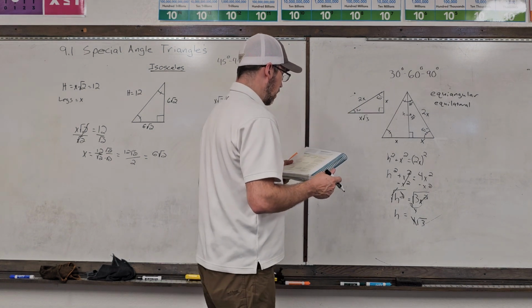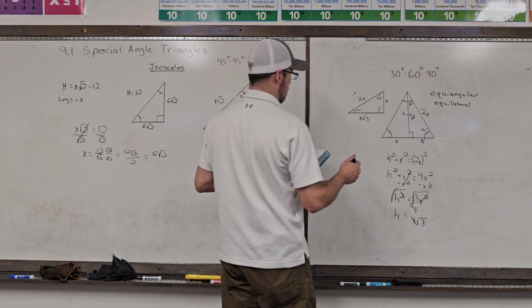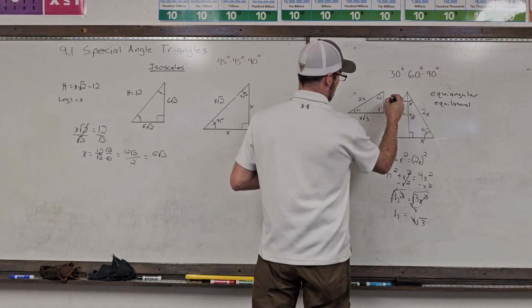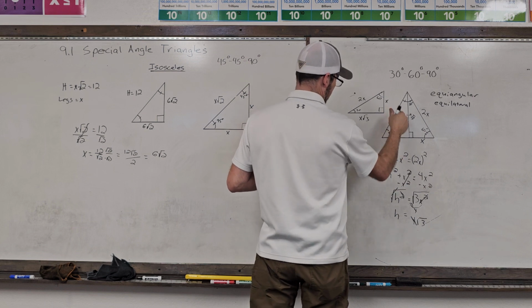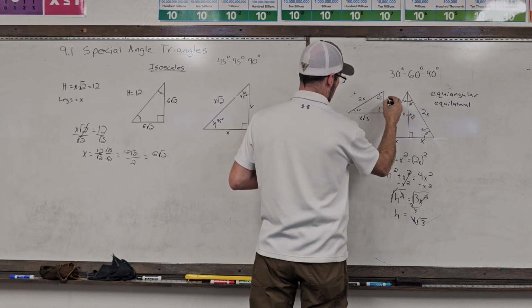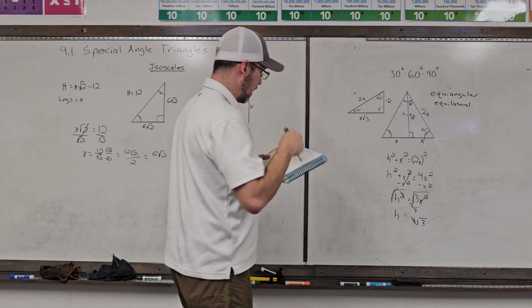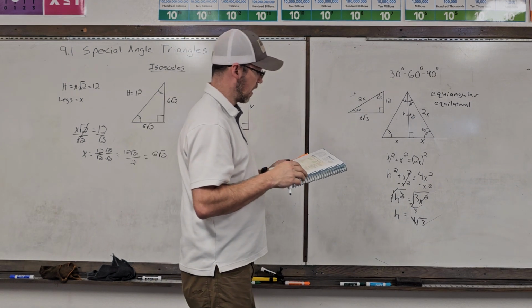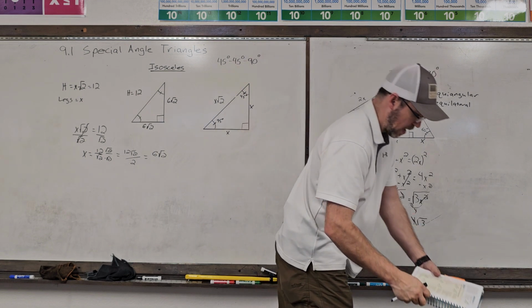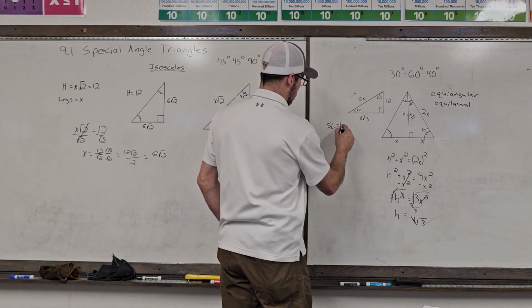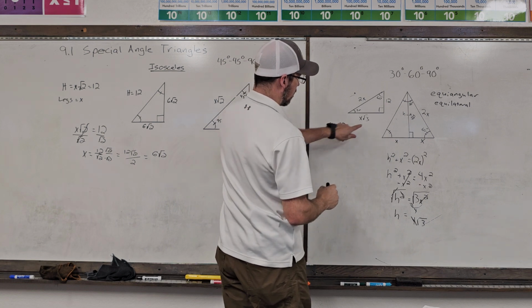So if it gives me one and tells me that the short leg, X, is 12, and now it wants me to find my long leg and my hypotenuse, I know my short leg is equal to 12.